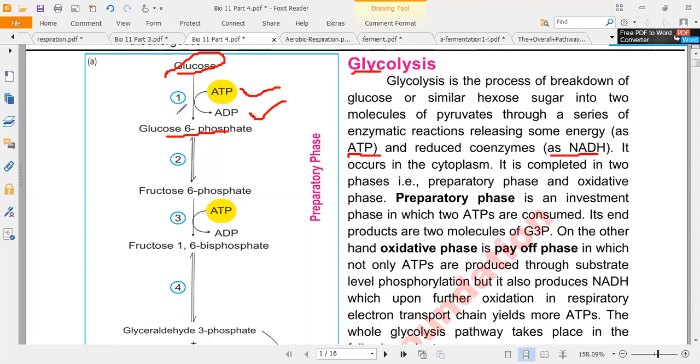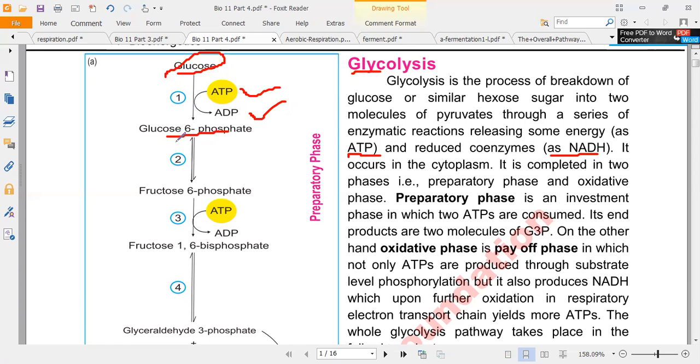This is the first primary reaction of this whole process, and hexokinase is utilized in this reaction. Hexo means 6, so it adds one phosphate at carbon number 6. This glucose 6 phosphate formation is a reversible reaction.